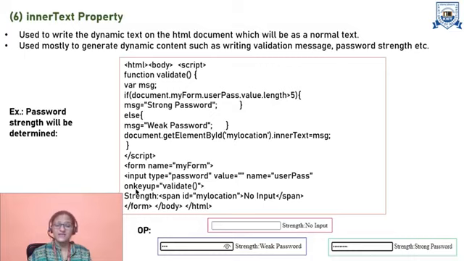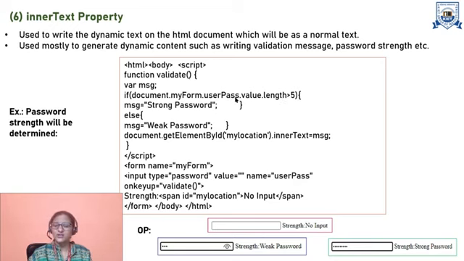Okay, so as soon as the key up, you release the key, it will check. At the same time, it will call the validate, and inside the validate, what it is finding out, if document dot my form, it is the name of the form. Inside the form, there is a user pass. User pass, it is the name of the password field. Its value, what content we have provided it, it is checking for that with the help of this length property.